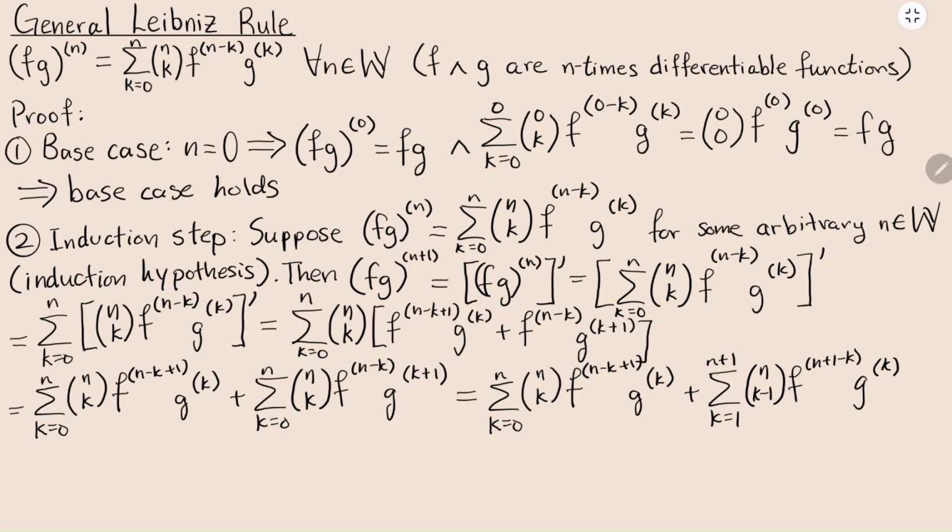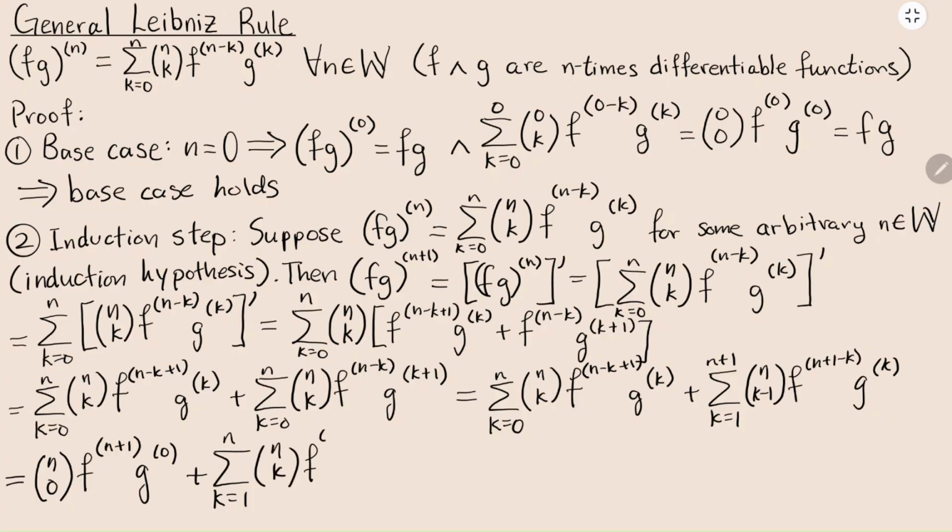All right, cool. Now from the first sum, I'm going to pull out the k equals 0 term. So I'll get n choose 0, then f^(n+1) g^(0), and then plus what I have remaining, from 1 to n of the rest.